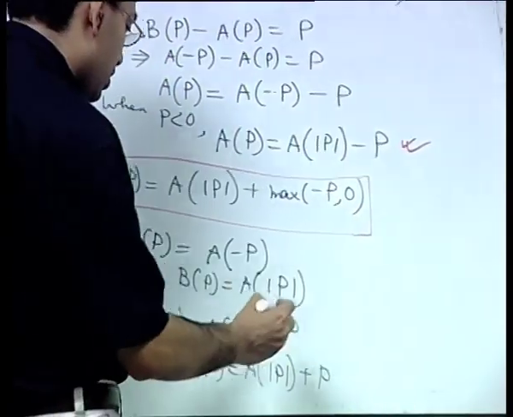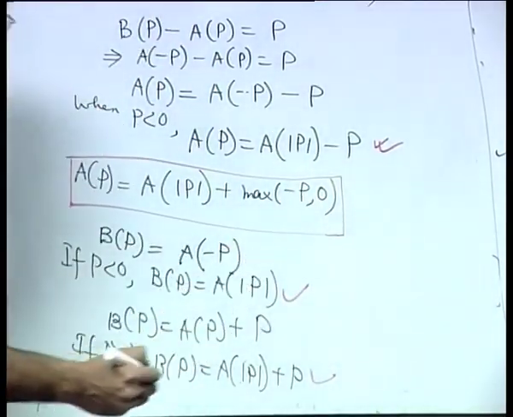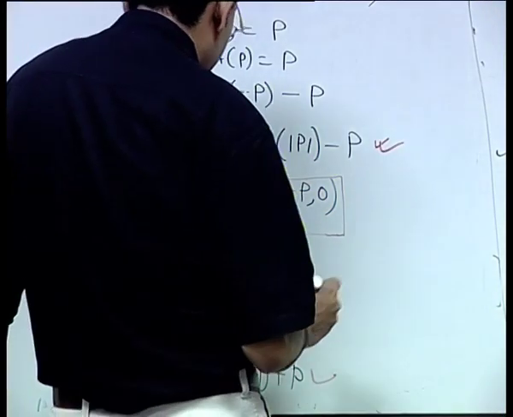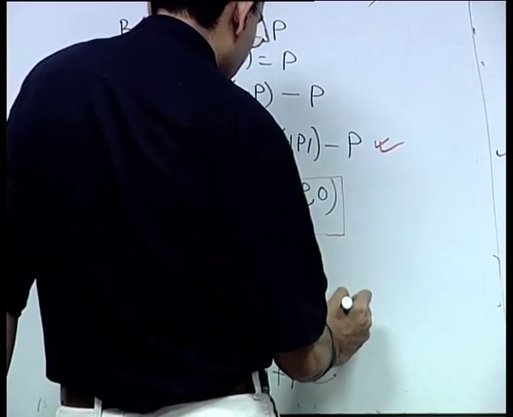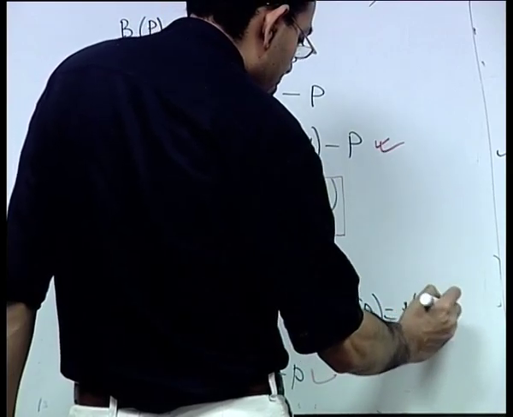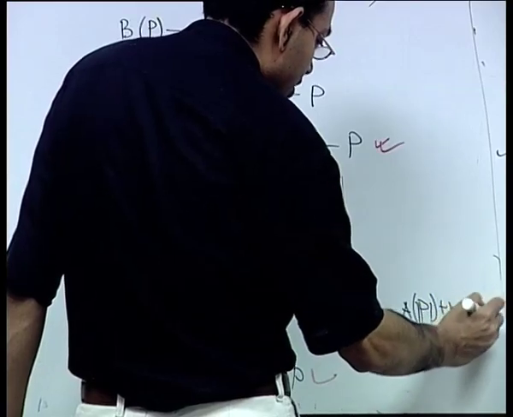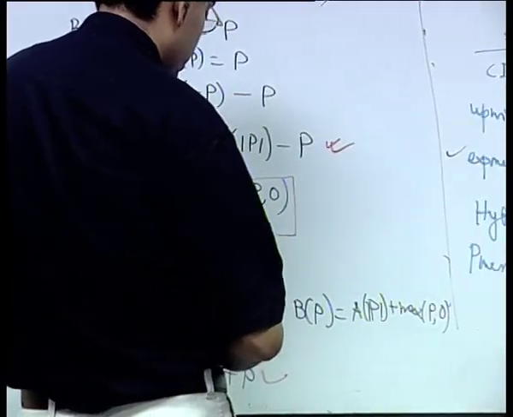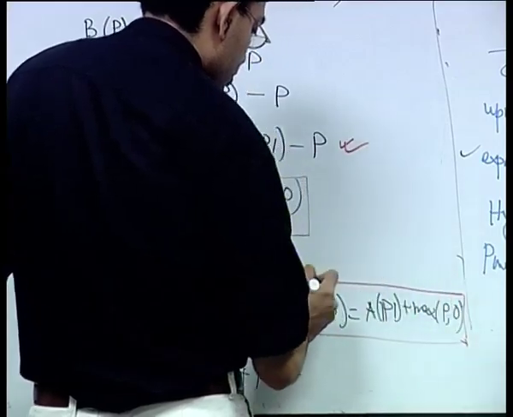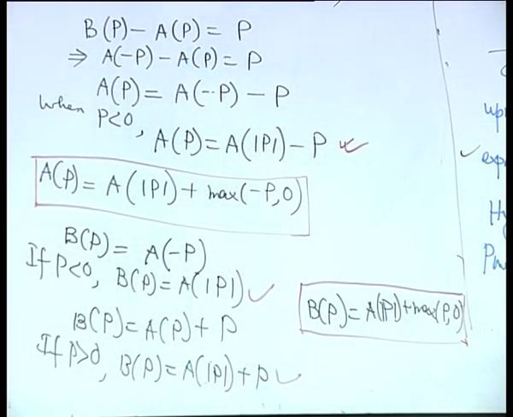So you can combine these two, one for P less than 0, another for P greater than 0, and say that B of P is equal to A of mod P plus max of P and 0.